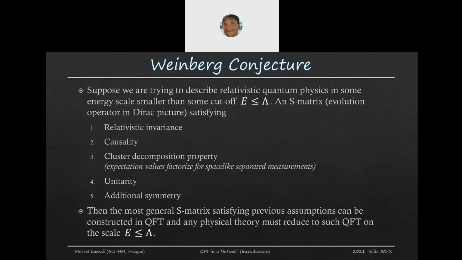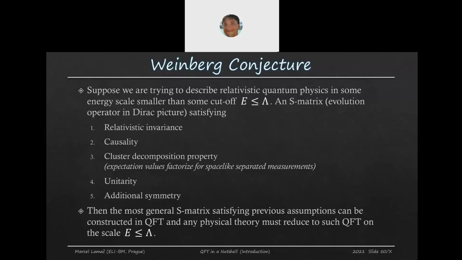This is something that we will hopefully discuss in either the second or the third lecture. Then there is a conjecture that the most general S matrix, which is the central quantity in any calculations, satisfying the previous assumptions, can be constructed in QFT, and any physical theory must reduce to such a QFT at this effective scale.